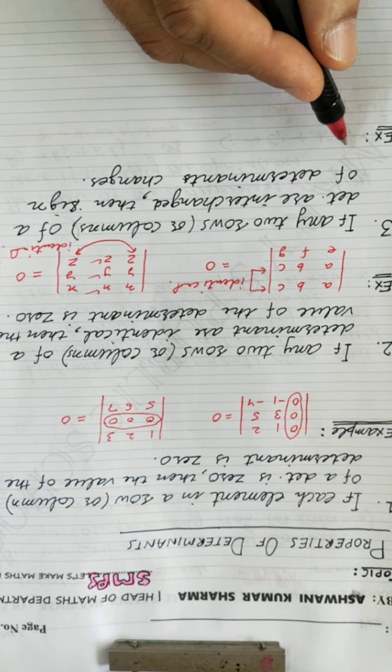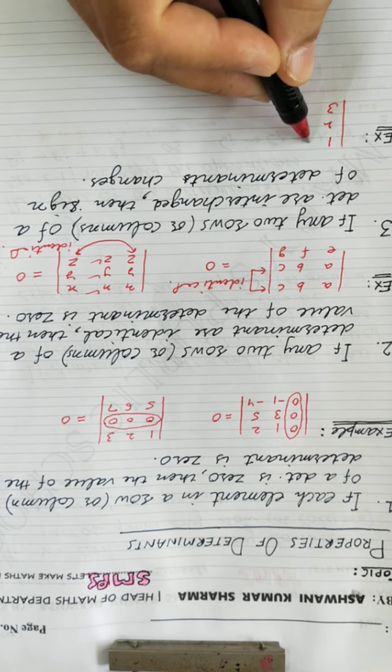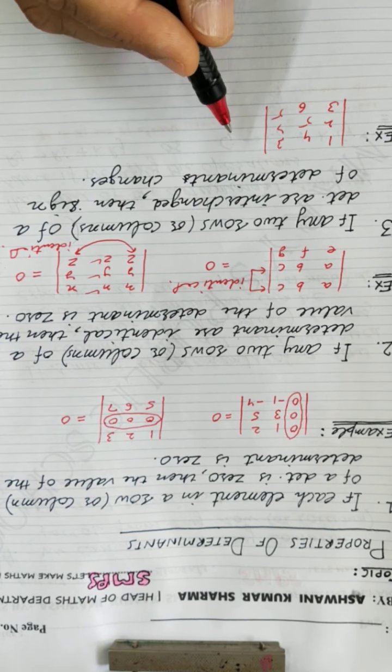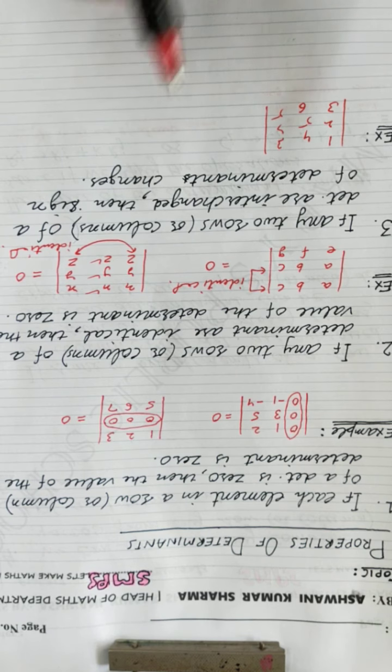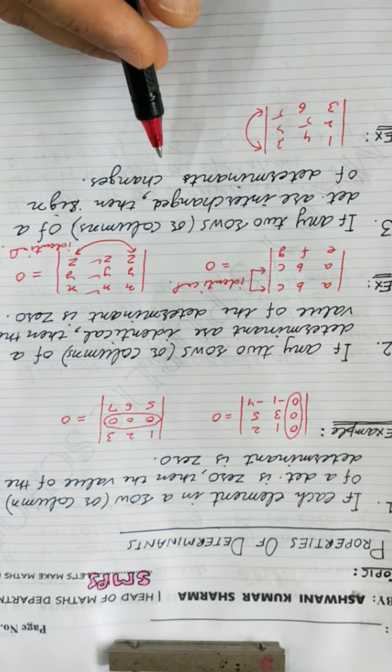Third property: if any two rows of a determinant are interchanged, then the sign of the determinant changes. With the help of an example you can understand it. Take an example, 1, 2, 3, 4, 5, 6, 3, 4, 5. And we want to interchange R1 and R3.